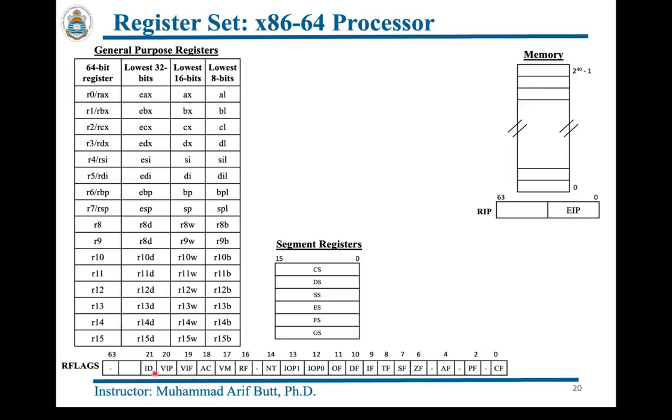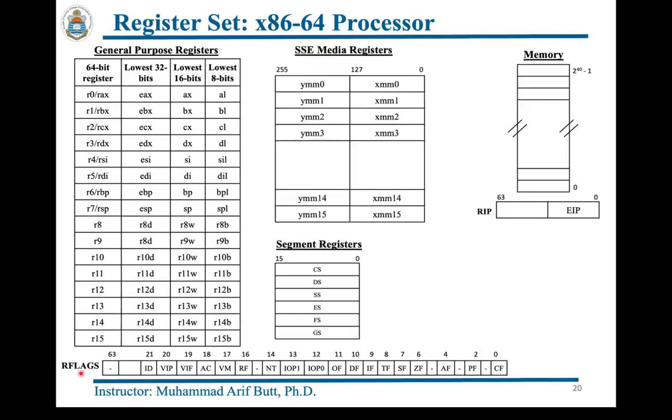We have at bit number 18 the alignment check flag, bit number 19 the virtual interrupt flag, bit number 20 the VIP or virtual interrupt pending flag, and at bit number 21 the ID flag, identification flag. And still till date the lower 32 bits are being used, so once we will be using Linux on our 64-bit machines, you will mostly see the name EFLAGS over here in your debuggers.